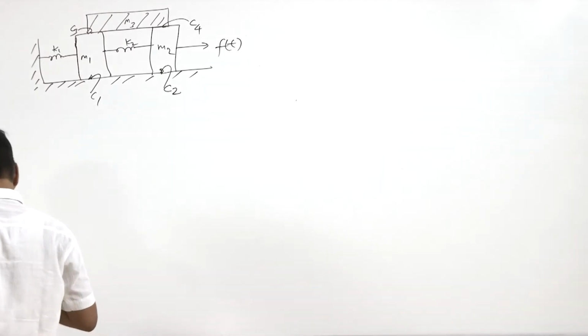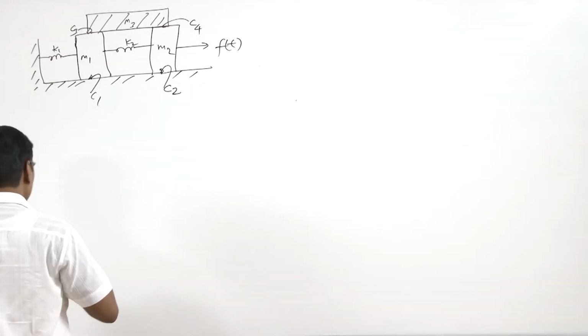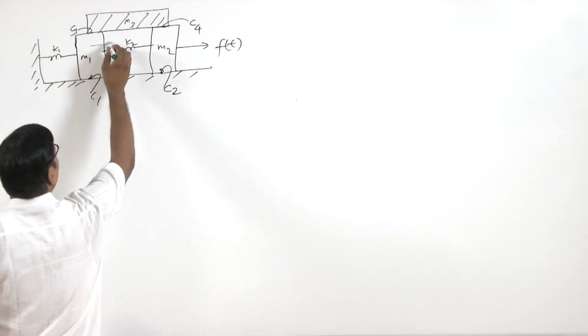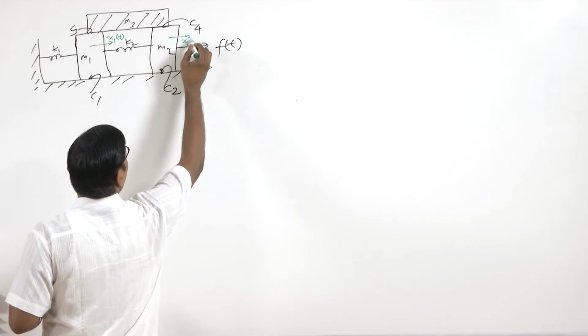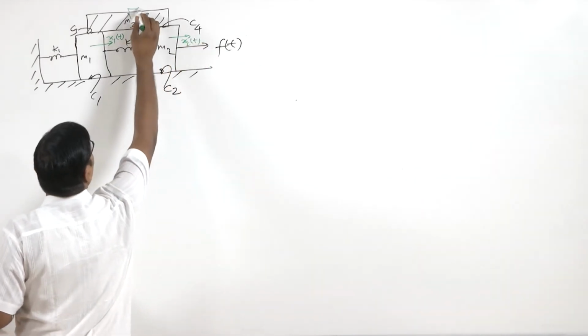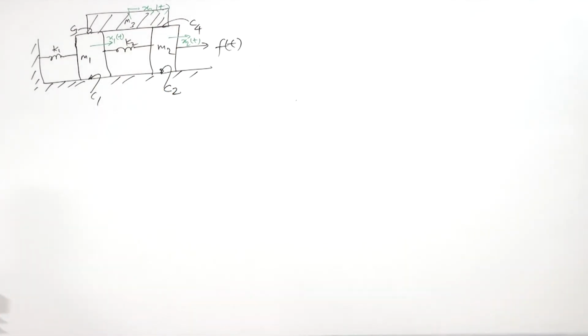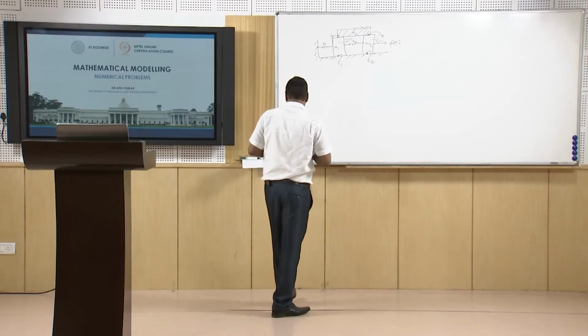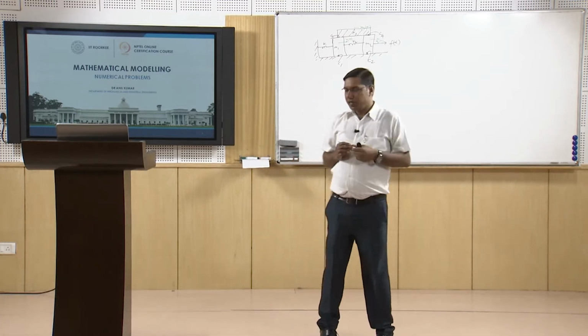Now we assume that this system moves with x1(t), x2(t) and x3(t). Now we have to write the equations of motion for this system using the impedance method.